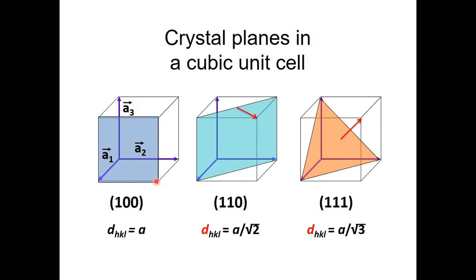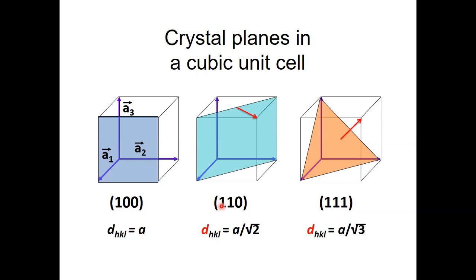So if we have a cubic cell and look at 1, 0, 0 reflection planes, then the distance between these reflection planes will be equal to the lattice parameter A. Therefore, if you can determine the interplanar distance of the 1, 0, 0 lattice plane, then we know the lattice parameter A. We know the size of the repeating unit in our unit cell.